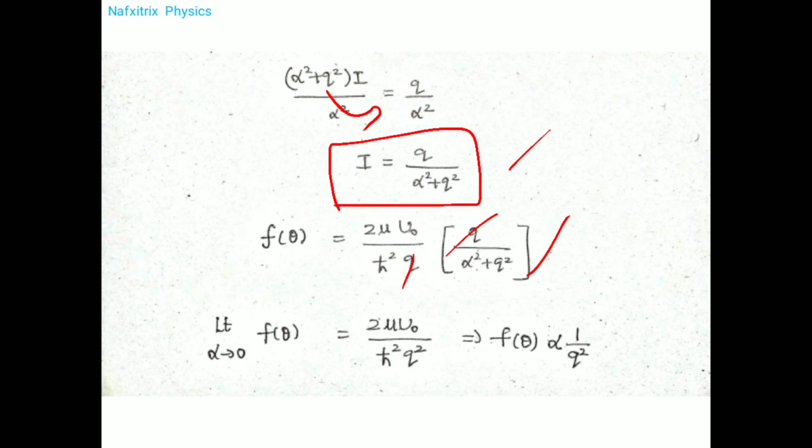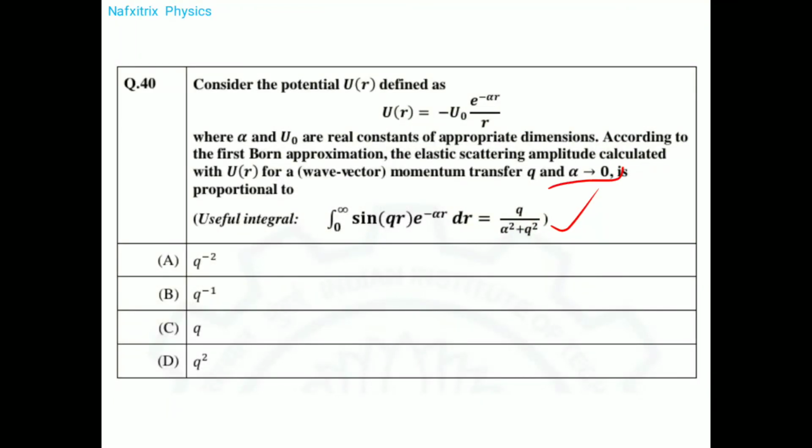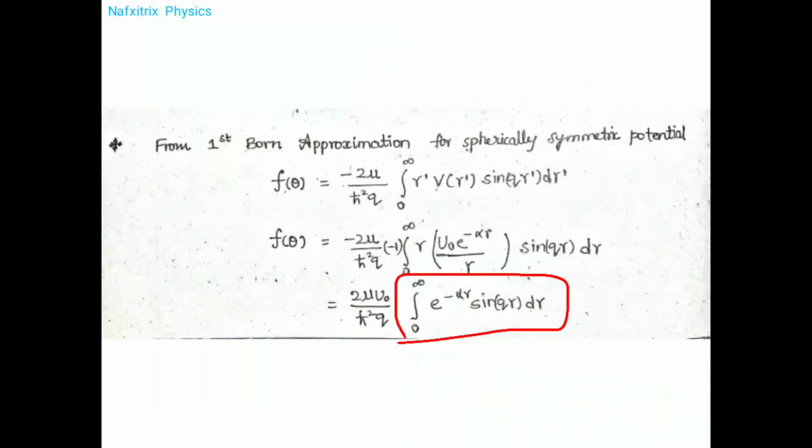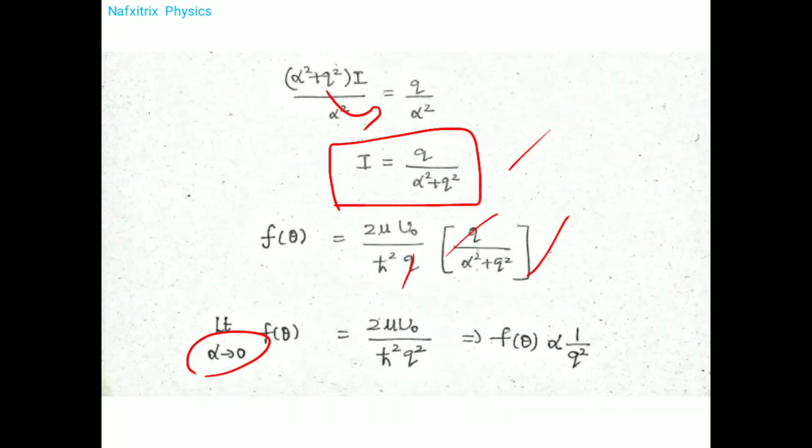Another important thing is they have also mentioned in the question that q is the momentum transfer and alpha tends to 0. So that is nothing but the limit of alpha tends to 0. In the place of alpha we need to replace it with 0, so 0 plus q square. So finally what we would have is this term, 2 mu naught by h cut square into q square. Only this one would remain.